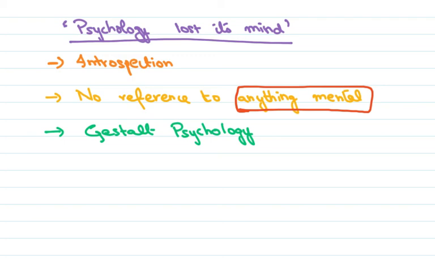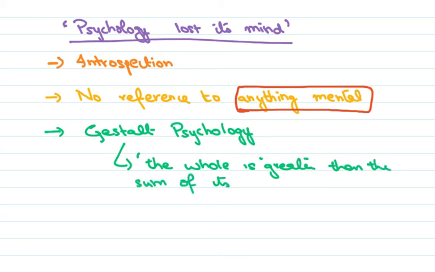And Gestalt psychology had a very interesting way of looking at and describing perception, in which they held that the whole is greater than the sum of its parts.